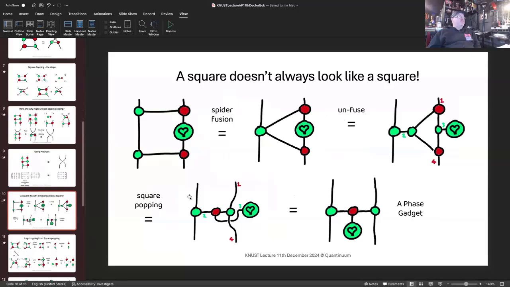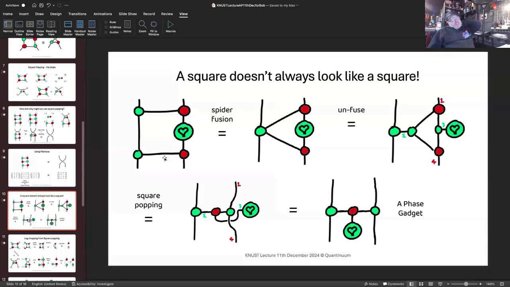Now I'm going to go to something a little bit more sophisticated. Suppose you have the thing like here on the top left. You got two C0 gates, and they can't eliminate each other because there's some phase in the middle. Now, how to get rid of that? The thing to realize is that this doesn't initially look like a square, but in fact it is a square.